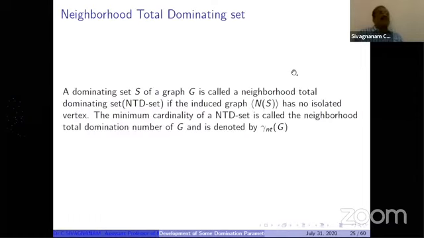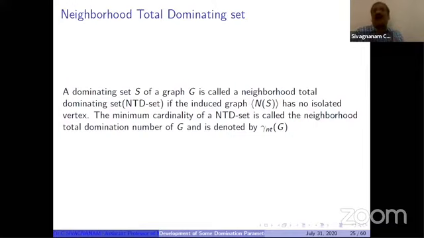In a similar way, we impose another condition on NS. S is a dominating set, and we find NS. If NS has no isolated vertex, then S is called a neighborhood total dominating set.